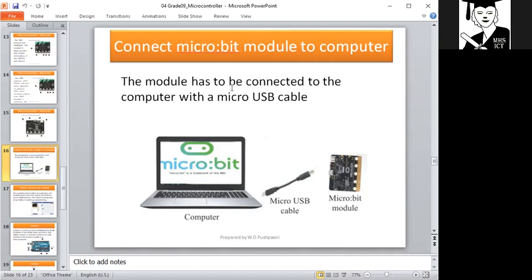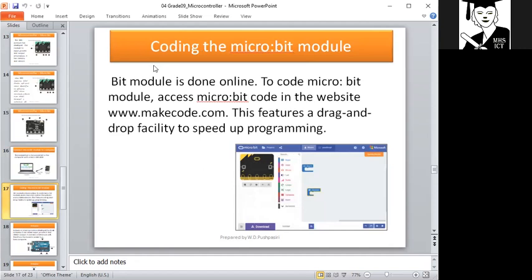This module has to be connected to the computer with a micro USB cable. With this cable we are connected to the computer, and then the Microbit modular controller has to go online.